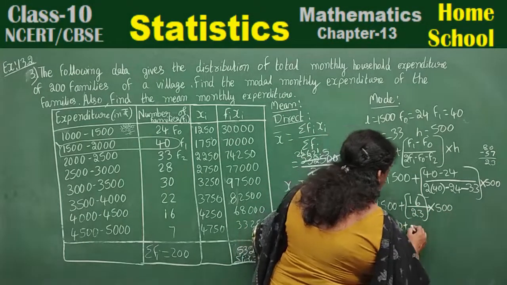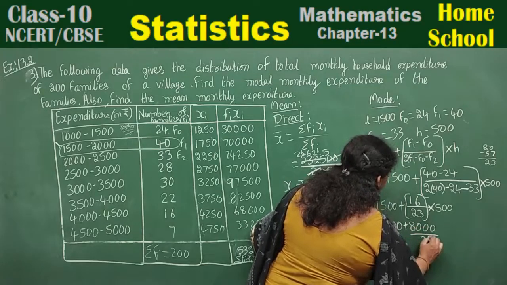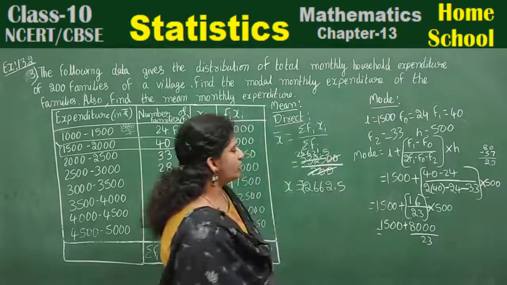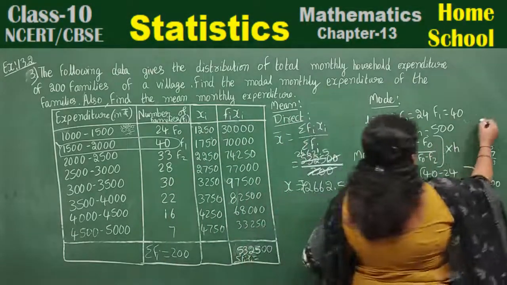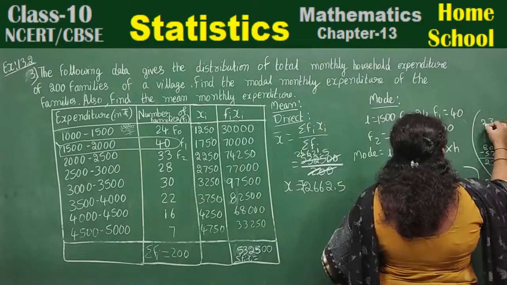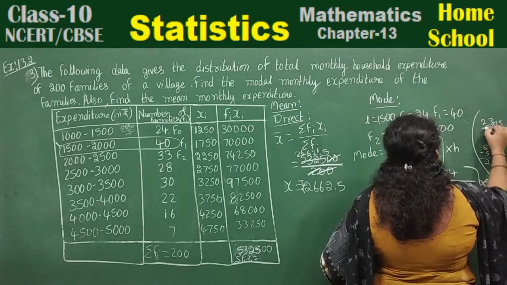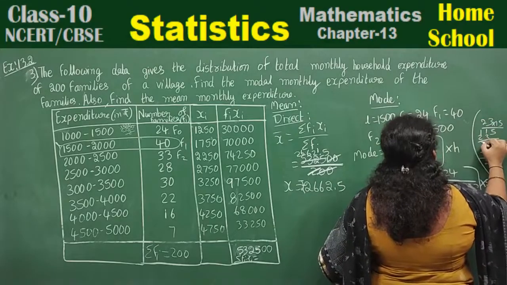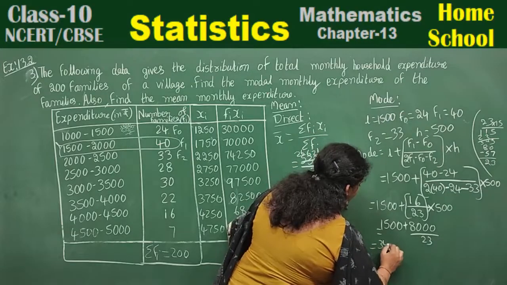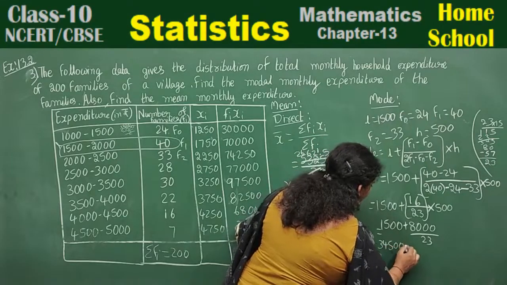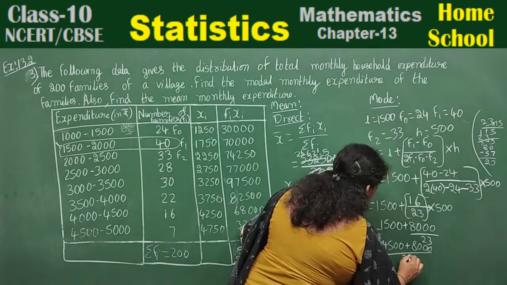1500 plus 8000 by 23. Do the LCM. 23 into 1500, just calculate in the rough part. 23 into 15 is 5 threes, 345. Means 34500 plus 8000 by 23.